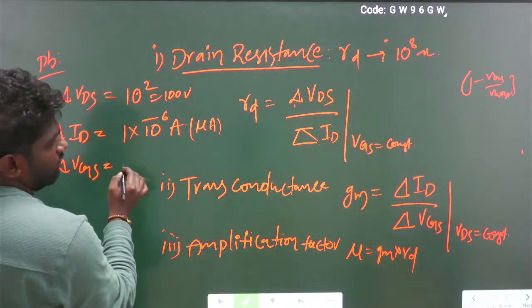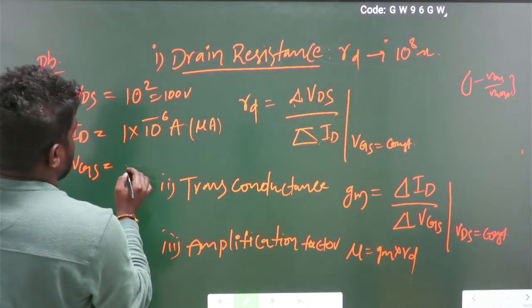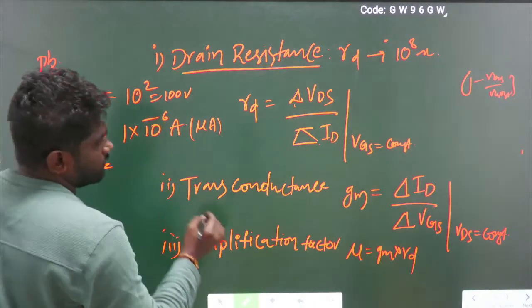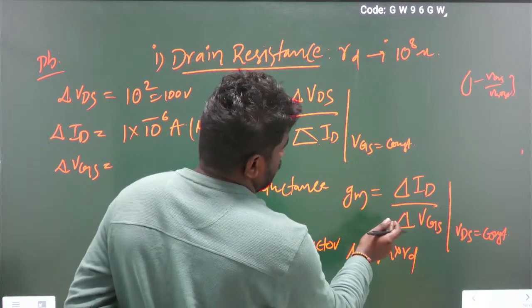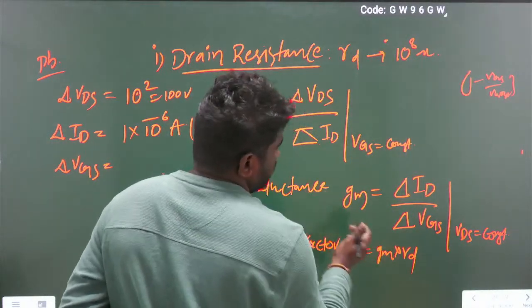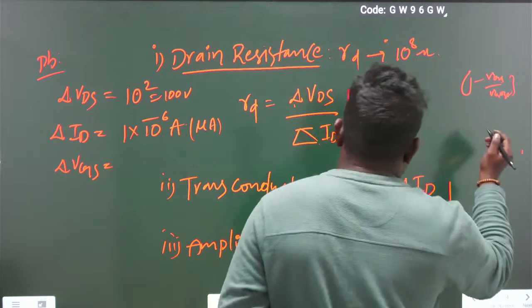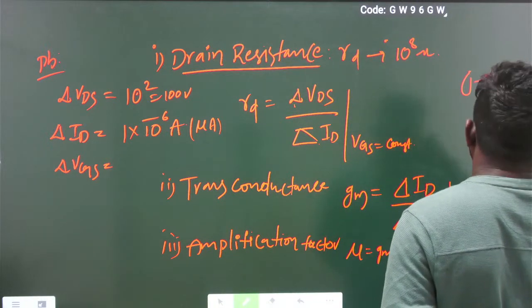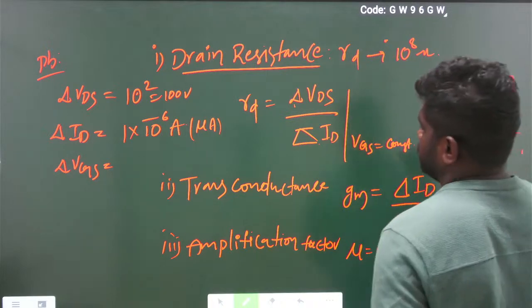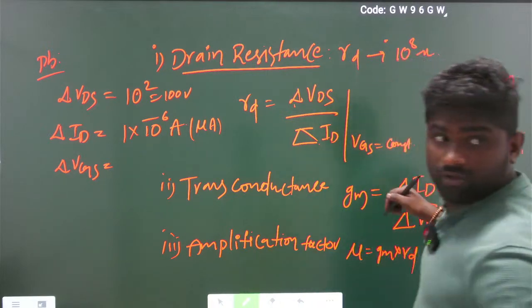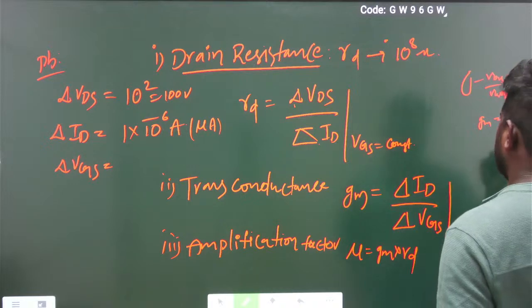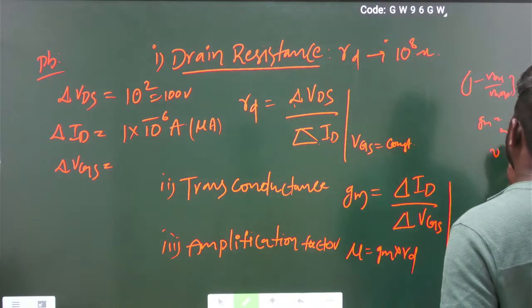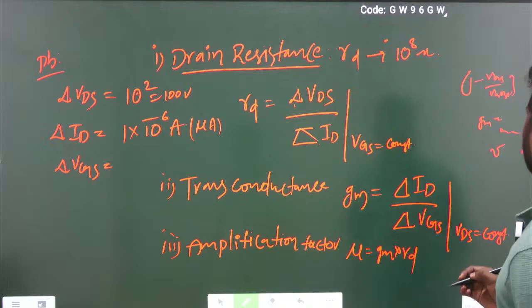Here I will take some 10 power minus 6 for Gm. Conductance Gm, equal to transconductance, is nothing but I by V. It means admittance, and conductance is in mho.